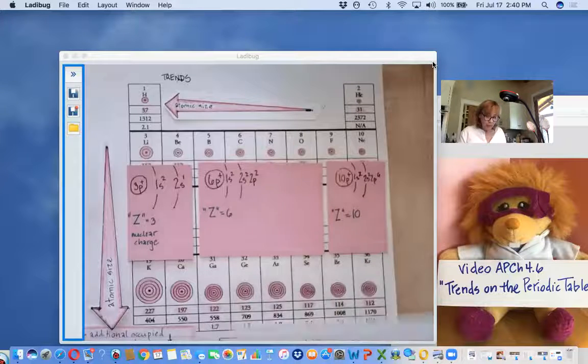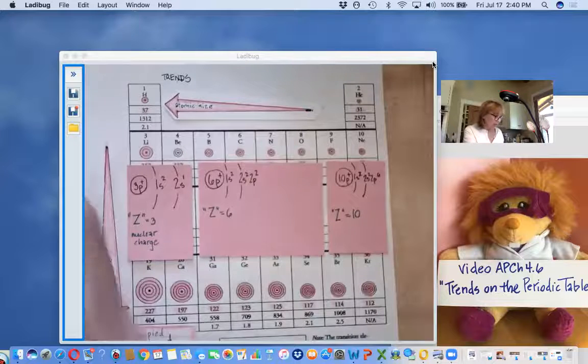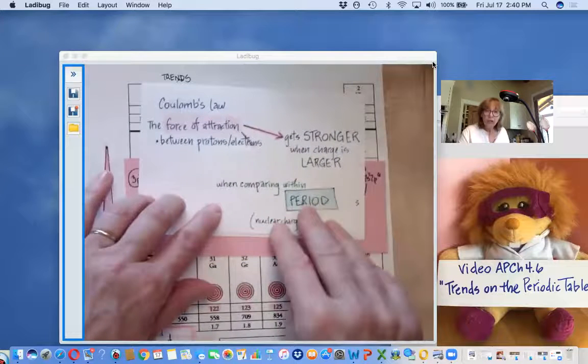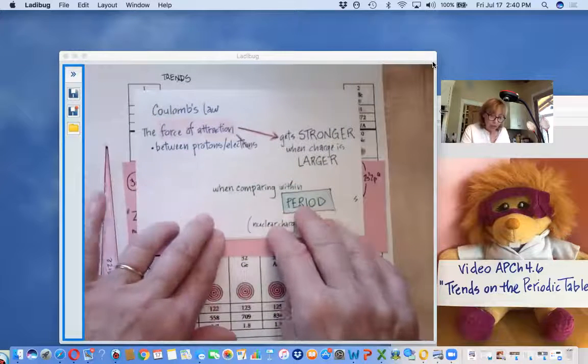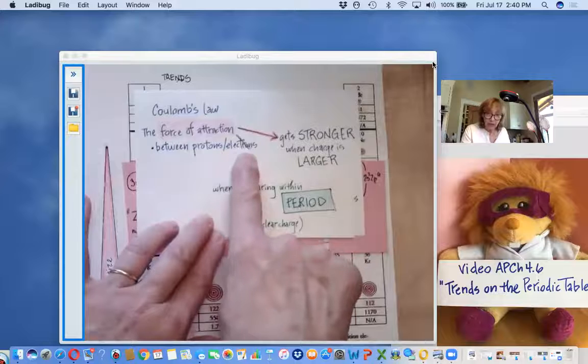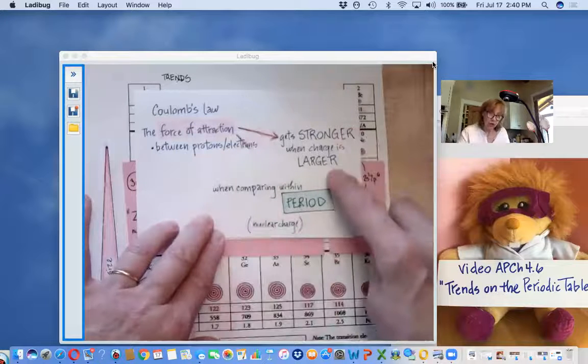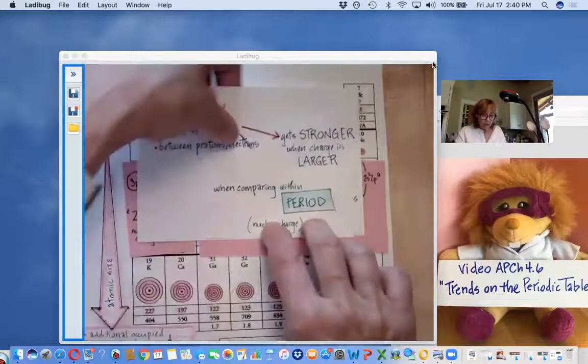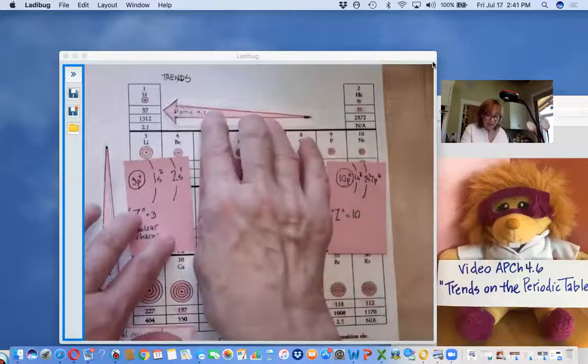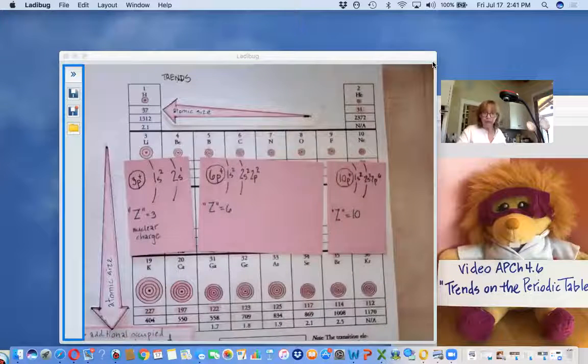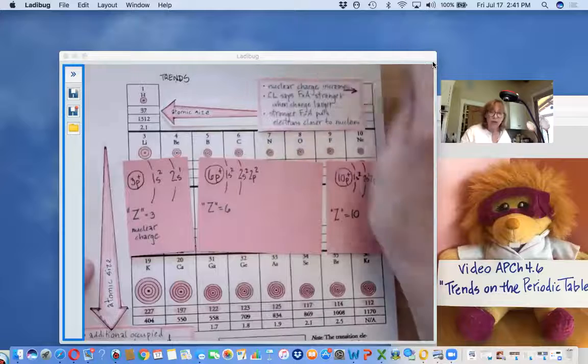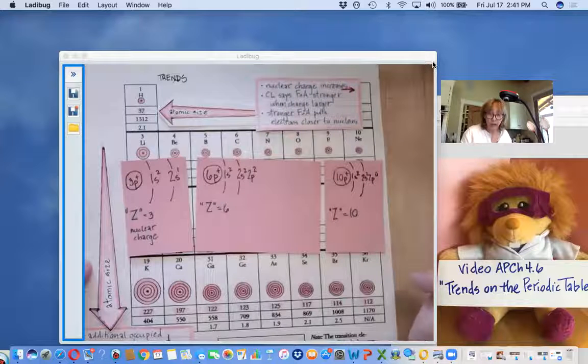And if you remember, Coulomb's law tells us that force of attraction between protons and electrons gets stronger when charge is larger. So, to explain this trend in size, we need to talk about what's going on with nuclear charge.